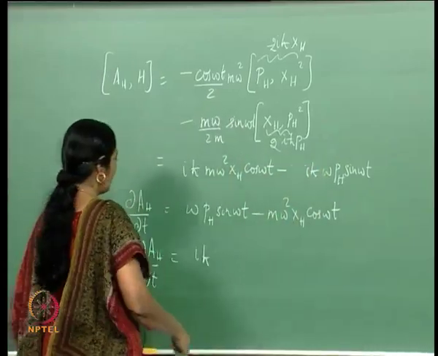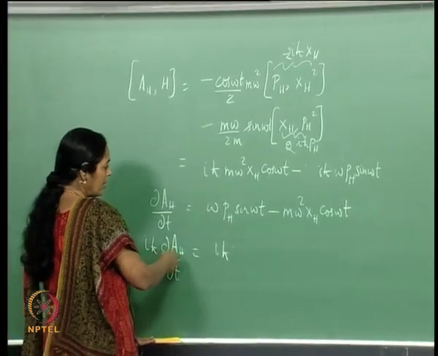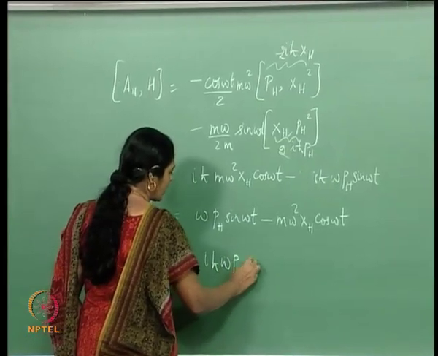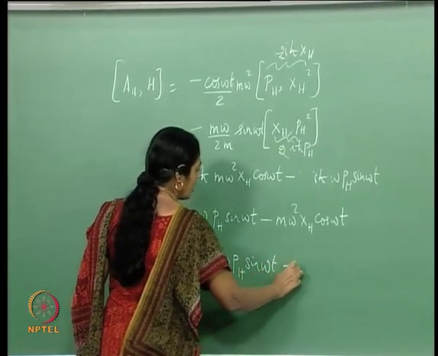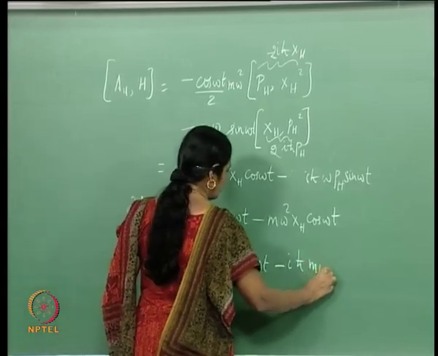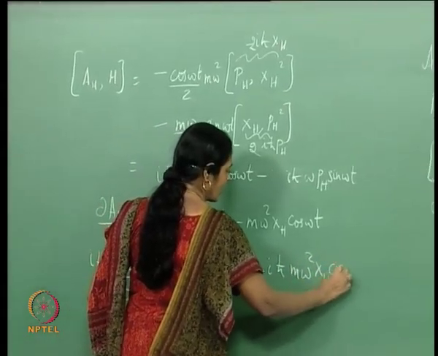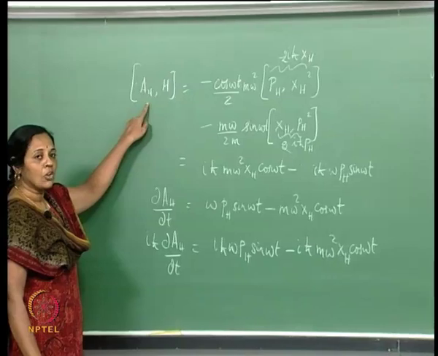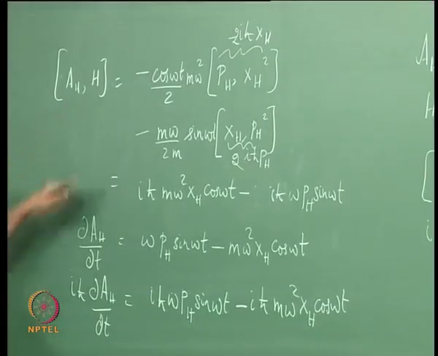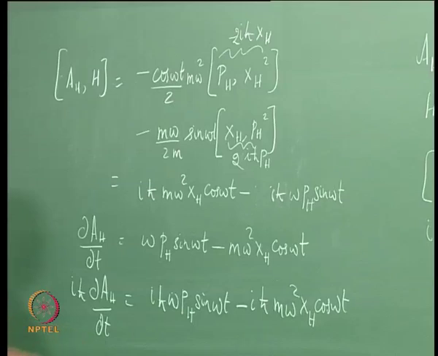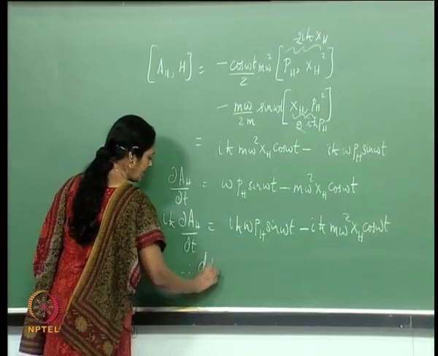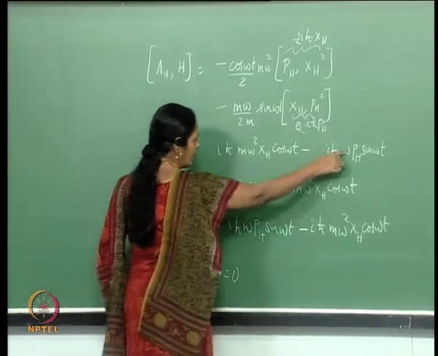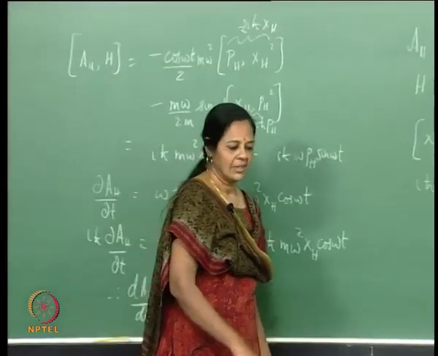So now coming back to this step, iħ delta AH by delta t gives me an iħ omega PH sin omega t minus iħ m omega squared XH cos omega t. So the commutator of A with the Hamiltonian plus iħ delta A by delta t is 0. This cancels out with that and that cancels out with this.